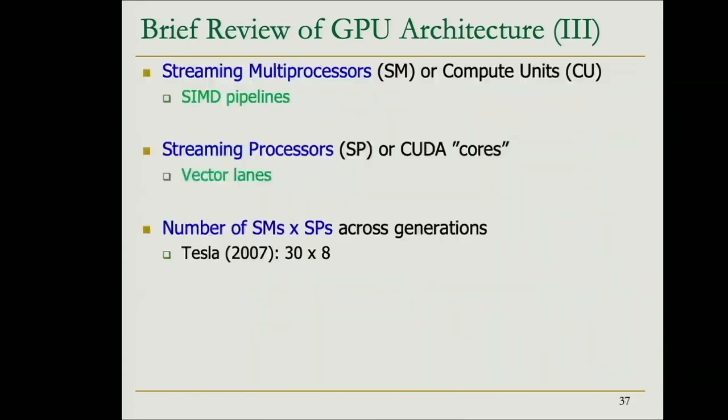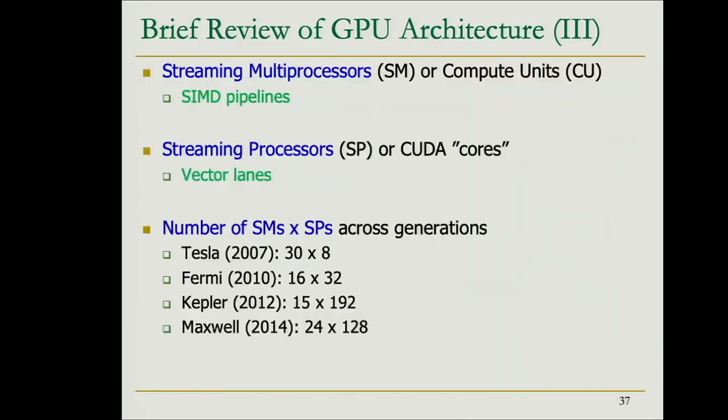Okay, more terminology. I think that we have already gone through all this terminology, and here you have the comparison across the different NVIDIA generations. The latest one is Volta, that was released, I think, either end of 2018 or beginning of 2019. The last one is Turing.